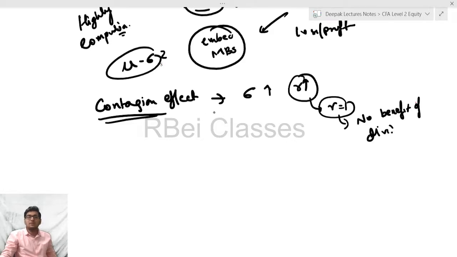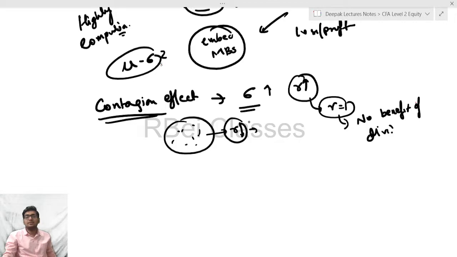So we call this the contagion effect, where the volatility is rising and the correlation among the assets is also rising. And if the correlation rises, the benefit which earlier I had by constructing a portfolio of multiple assets, I assumed their correlation is low, and hence my risk return reward is very high. That benefit now vanishes during this time period.